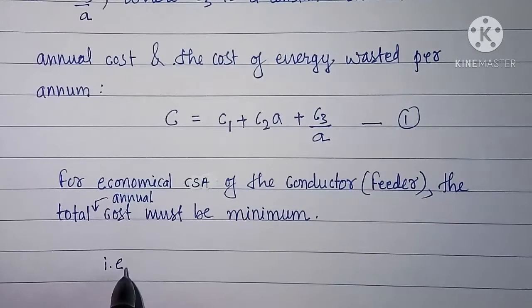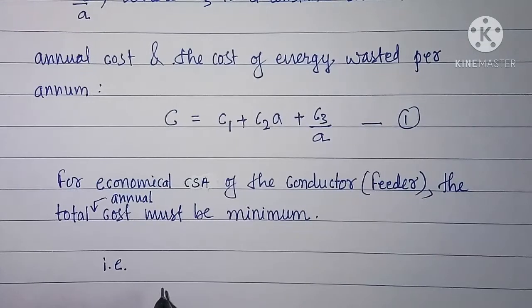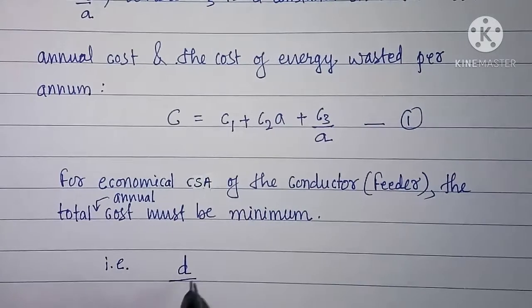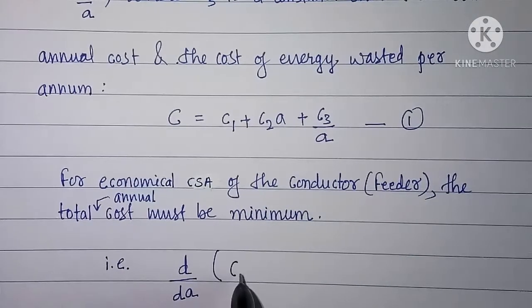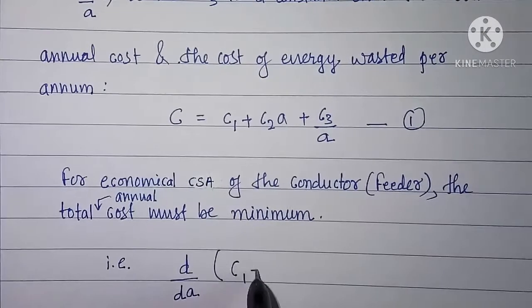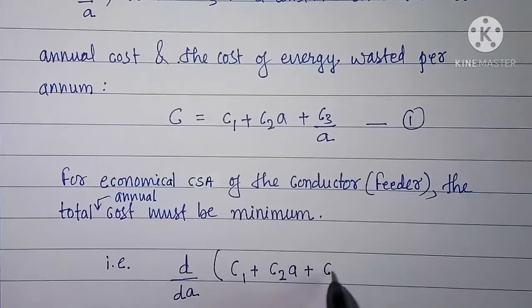That is, differentiation of total annual cost with respect to area of cross section must be equal to 0.